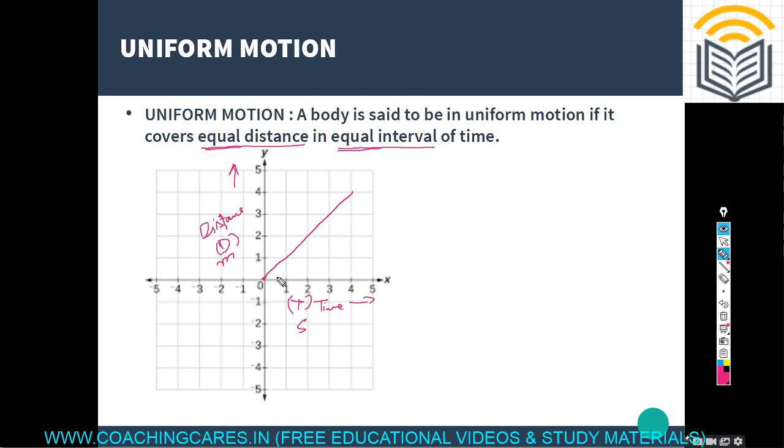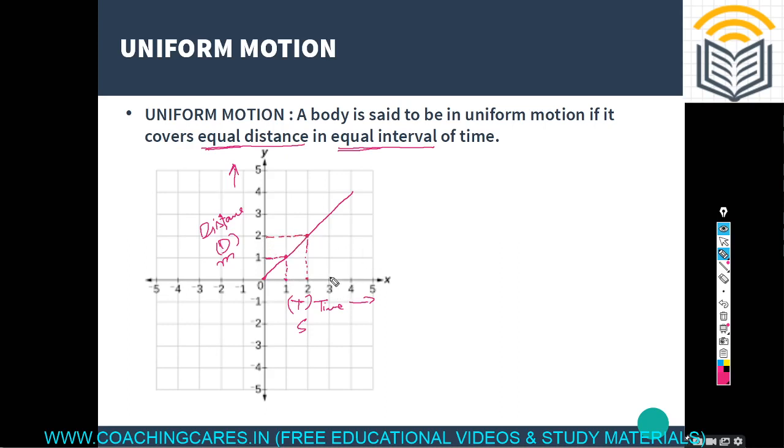Now just have a look at this graph. In each equal interval of time, say this is 1 second, the body moves 1 meter to this point. In another 1 second, the body moves to this point, the same equal interval of time, moving another 1 meter, I mean equal distance.